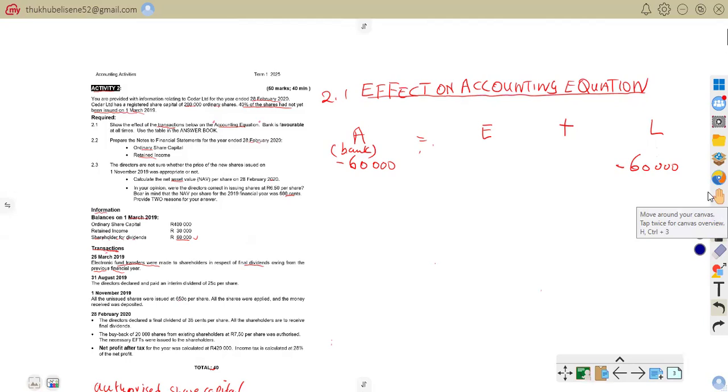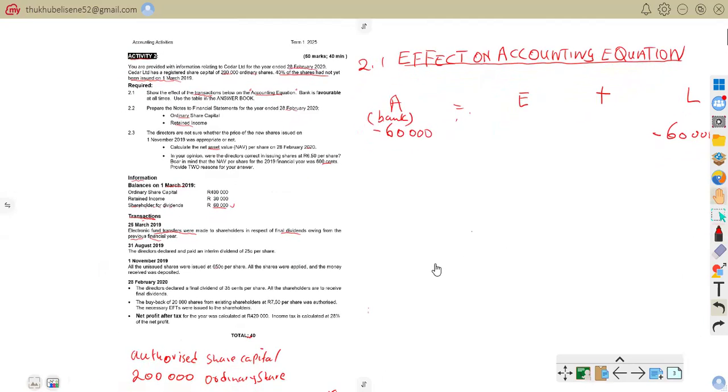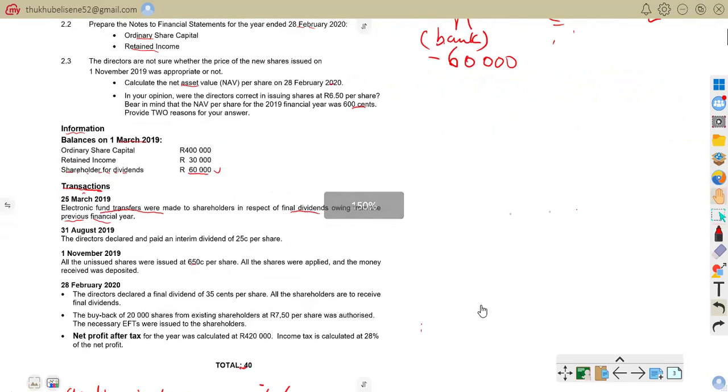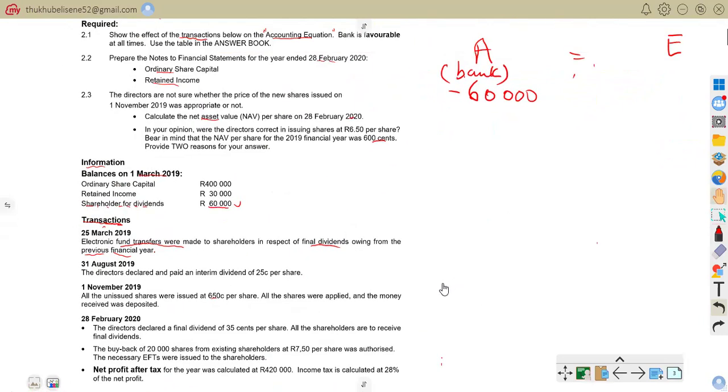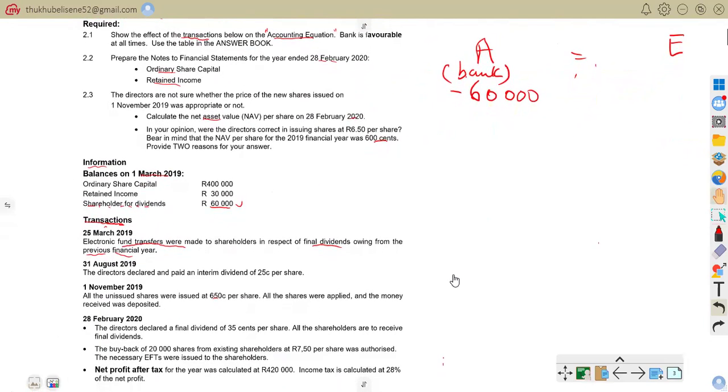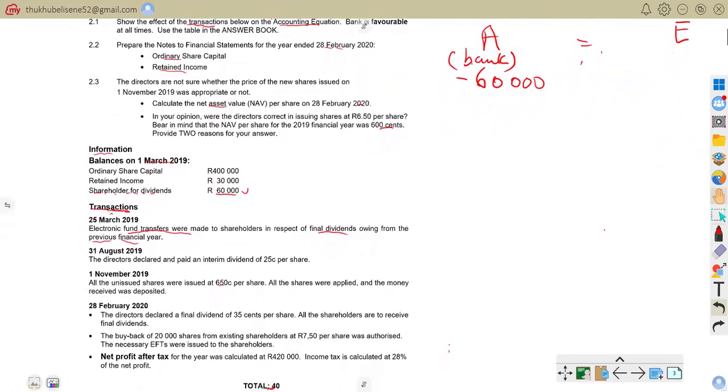Now we are to move on to another transaction, which took place on the 28th, which is here, 28 February. It says the directors declared a final dividend of 35 cents per share, and all shareholders are to receive final dividends.